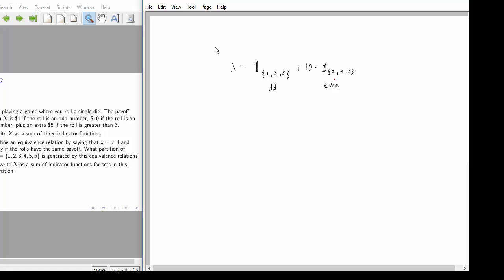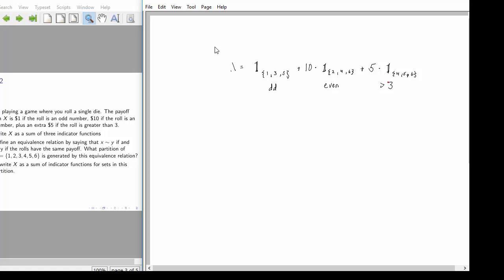That takes care of the even numbers. And then for the bonus, I add on 5 times the indicator function that has the value 1 if the die roll is greater than 3. And I've succeeded in writing x as a sum of 3 indicator functions.